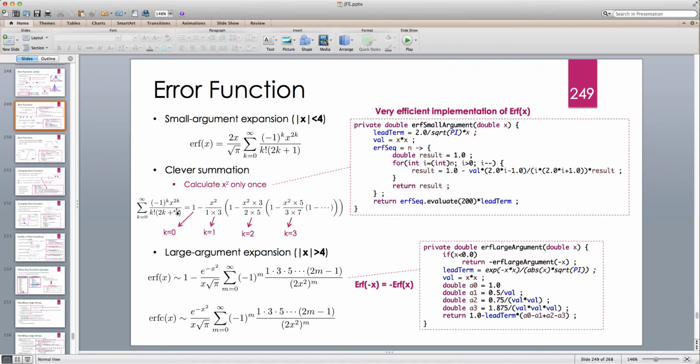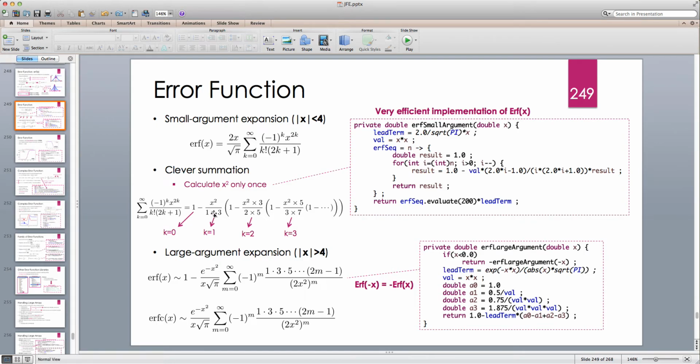So first of all, we can write this series in a very clever way. At k equals 0, the value is just 1. At k equals 1, it's minus x squared over 1 factorial, which is 1, times 2 times 1 plus 1, which is 3. All right? And then we factor this x squared over 3, and then write the other terms with this term factorized from them.